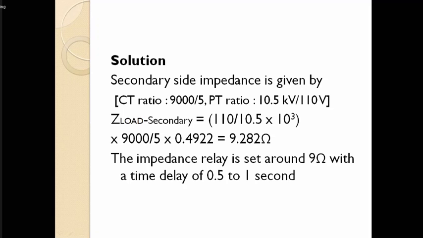Telling you that our impedance must be set within this range. That's how we're going to set our impedance. And since we have 9.2, we can just take the whole number, not a decimal. So our impedance relay should be set at 9 ohms.